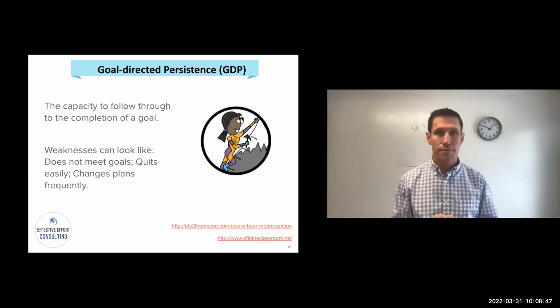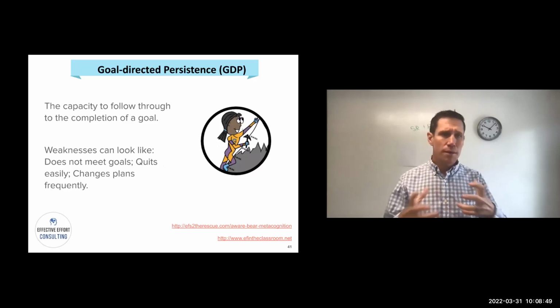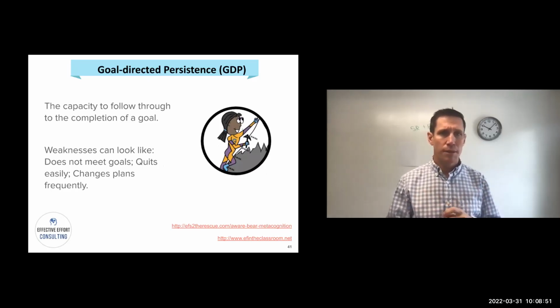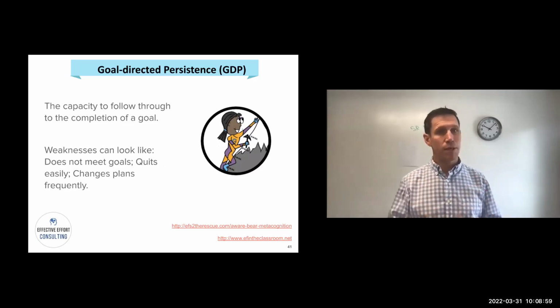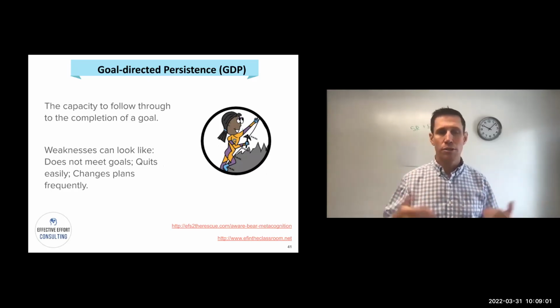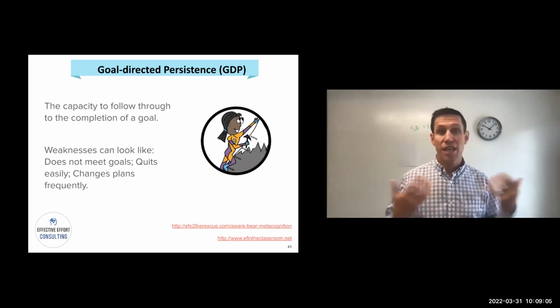Goal-directed persistence. This is an important part of most of our middle schools, to try and understand their own identity around what are my goals, who am I trying to be, right? And it gets more complicated when I'm managing a lot of distractions, identity challenges, an overscheduled kind of life.